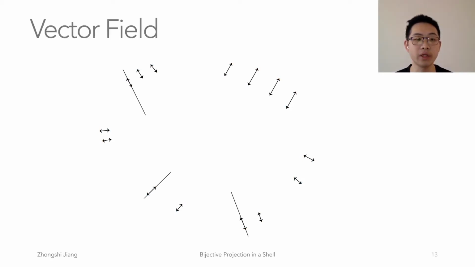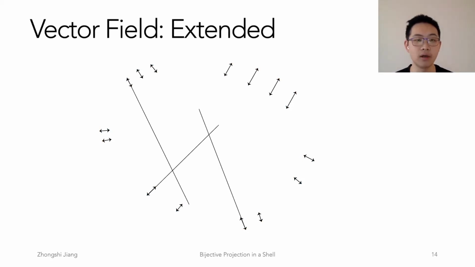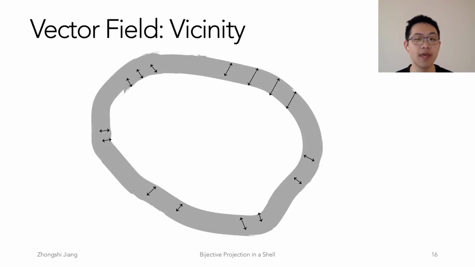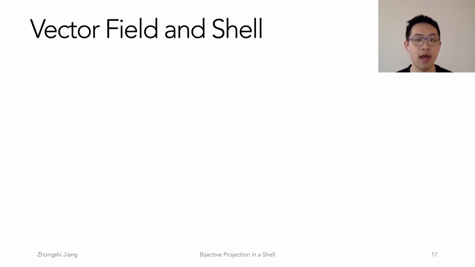Now, if we try to extend the vectors globally without too much care, intersection of paths will follow eventually. But since during remeshing, the meshes don't usually go too far, we can restrict our view to the vicinity of the surface region. And we use the structure called shell.